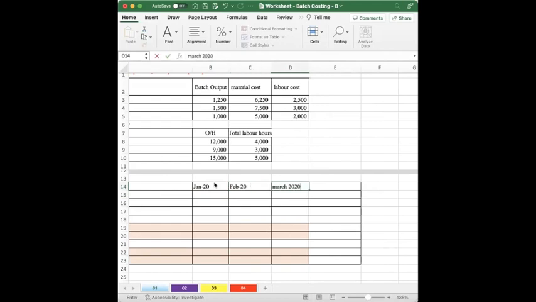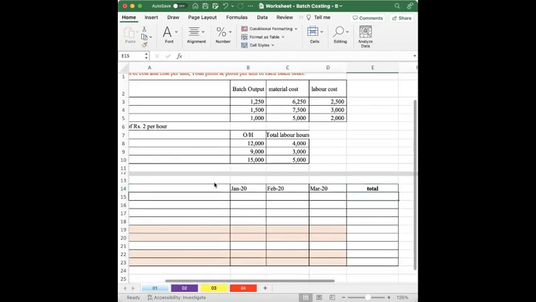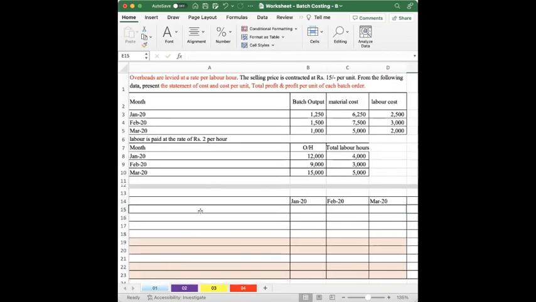Then March, we'll have a total value here. Okay, first let's get the batch output, right? See, batch output numbers. We will input the data that are given here, which is required to do the calculation.